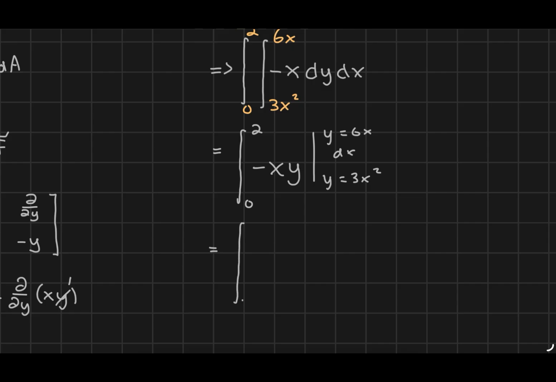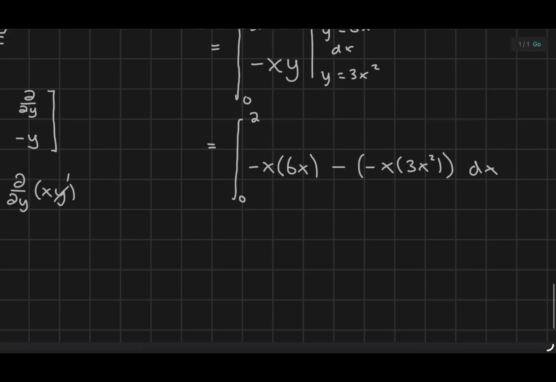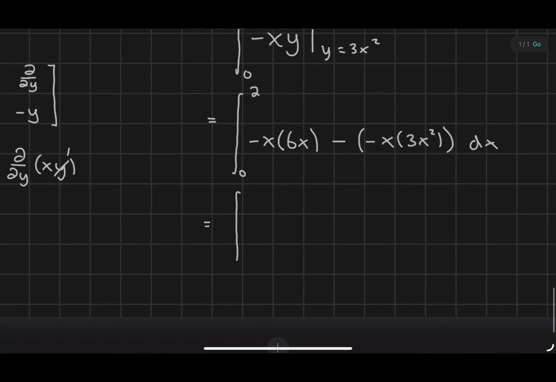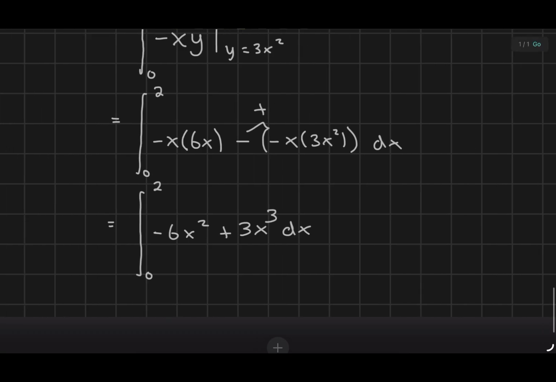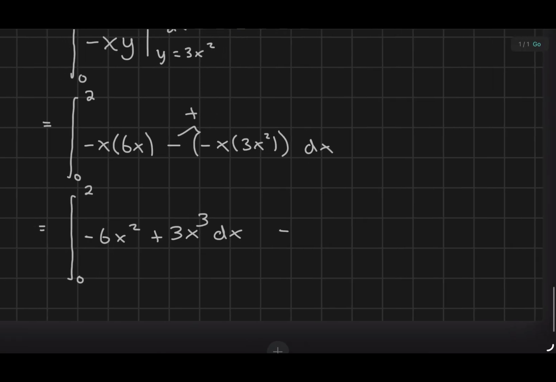So the integral is now from 0 to 2 of negative x times 6x minus negative x times 3x squared, dx. Simplifying, we have the integral from 0 to 2 of negative 6x squared, and these two negatives turn into a positive, so we're going to have 3x cubed, dx.